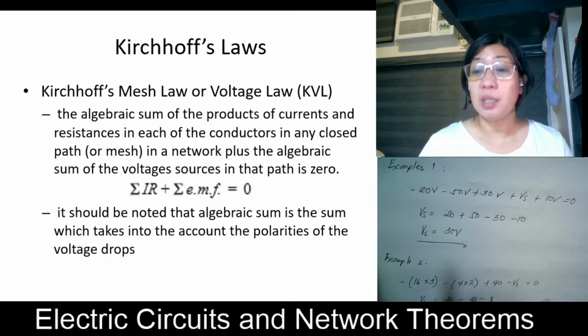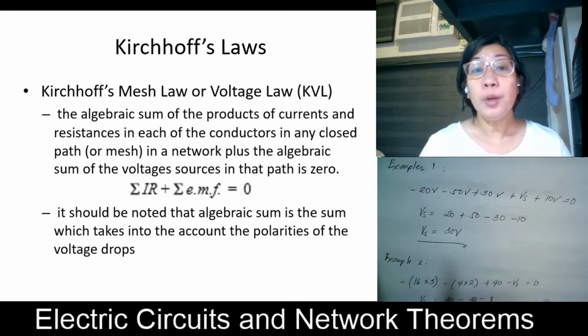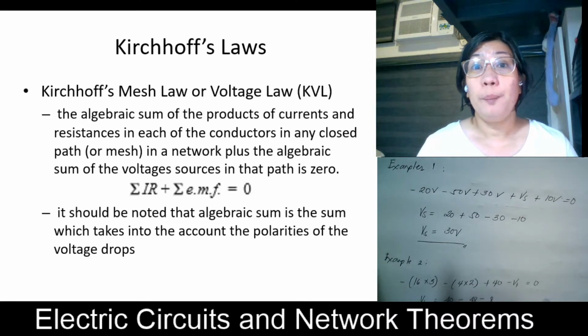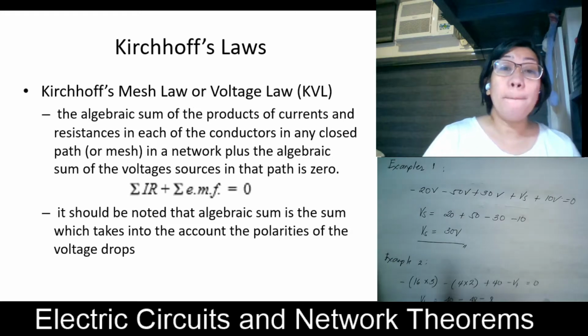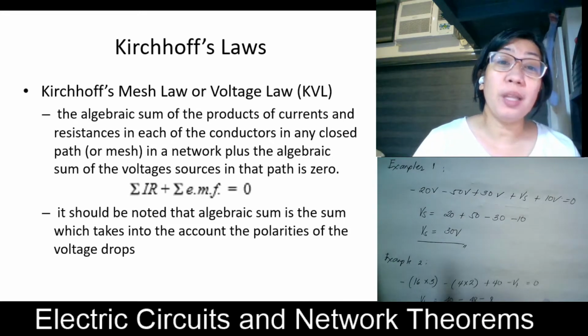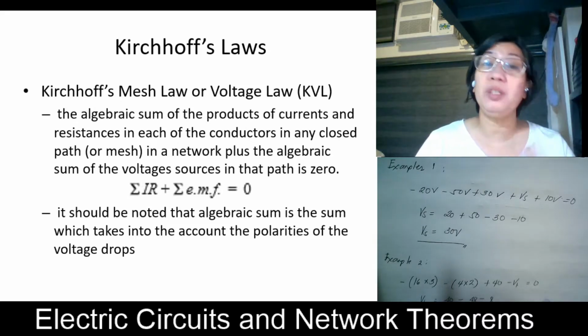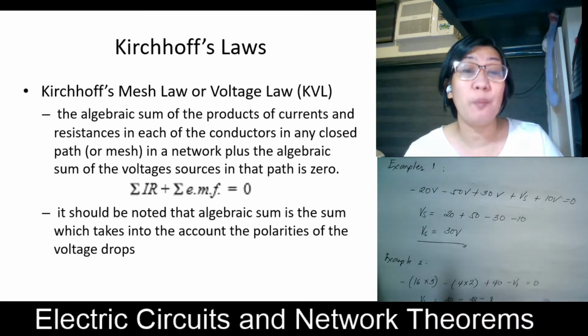Originally, your resistors are non-polarized, or resistors have no polarity. But when a current passes through it, it usually has a voltage drop or a rise in potential, or voltage rise.